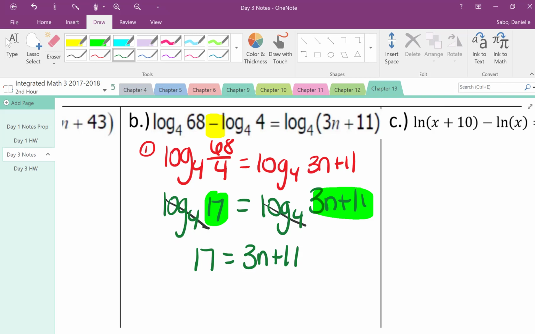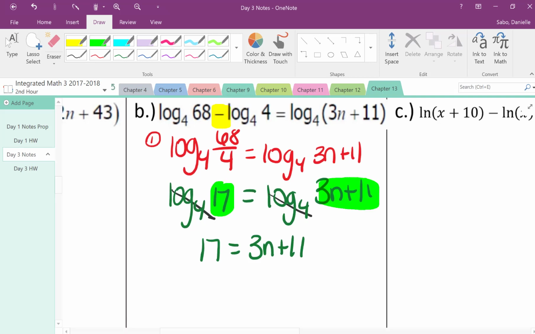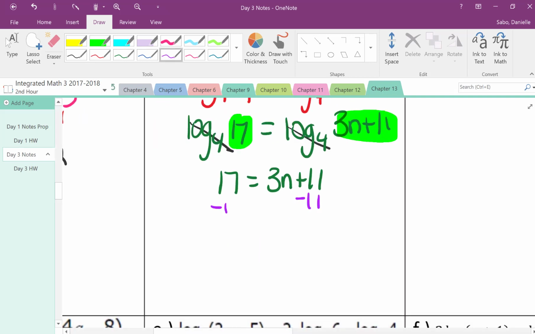So, again, moving a little faster in the solving part because we know how to solve. I subtracted 11. Okay, I got 6 equals 3n, and I divided by 3, and n was 2.